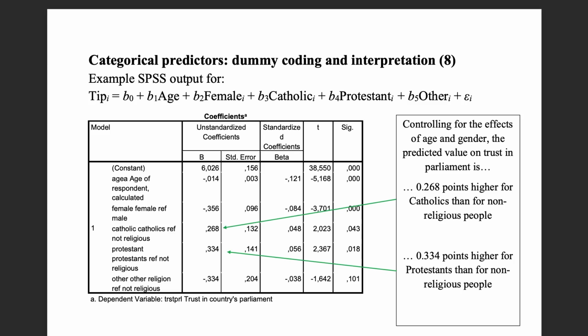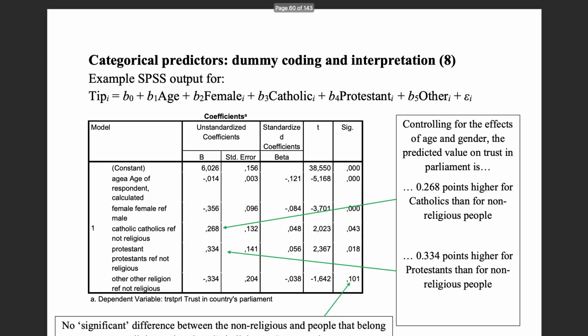So the coefficient that we found for the Protestant dummy, the B4 coefficient, worked out to be 0.334. That tells us by how much the intercept is shifted for people that are Protestants. So by how much higher the predicted value on trust in Parliament is for Protestants compared to non-religious people, controlling for the effects of gender and age on trust in Parliament, because those are also included in our model.